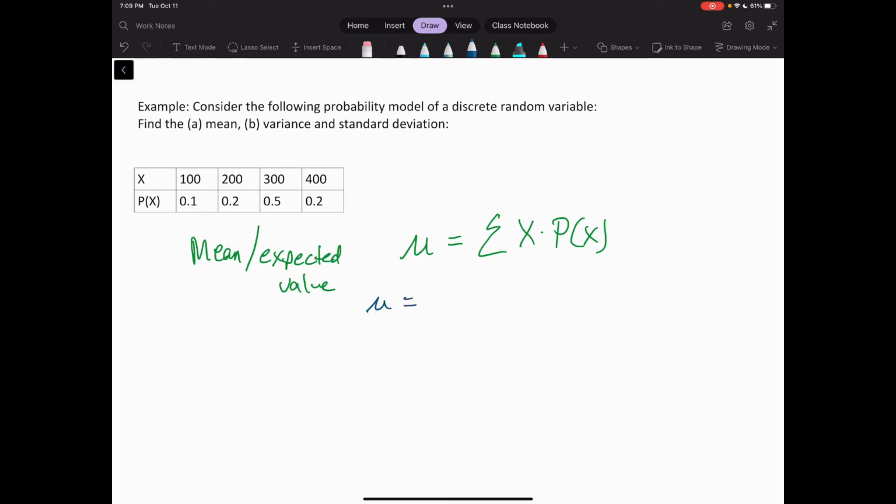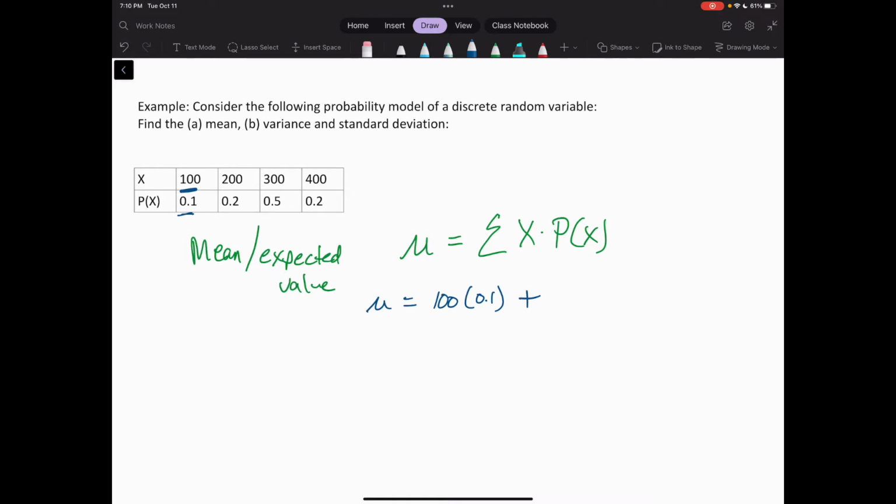The mean will equal, so ask yourself, what's the first value of x? The first value of x is 100. So we're going to take 100 and multiply it by the probability that we get 100, which is 0.1. That's what it means to be x times p of x. Well, since it's the sum, we're going to add.